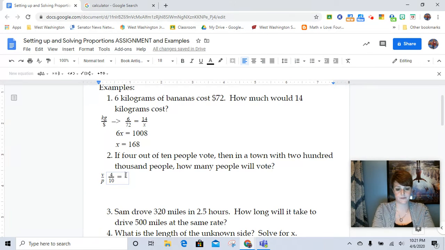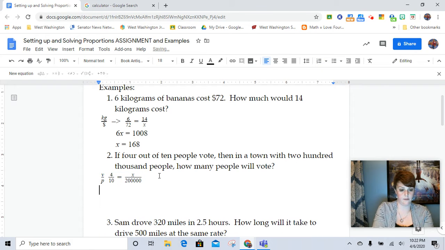All right. So in a town with 200,000 people, that's the total population. How many will vote? So how many of them are voters? I don't know. That's my variable, x. And then 200,000 people. All right. And so then that's going to be 10x equals 800,000 people.